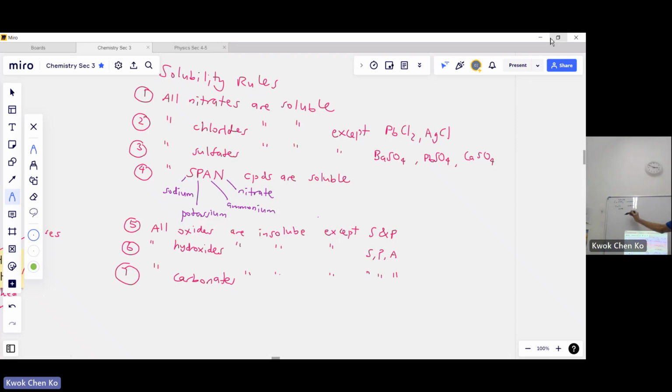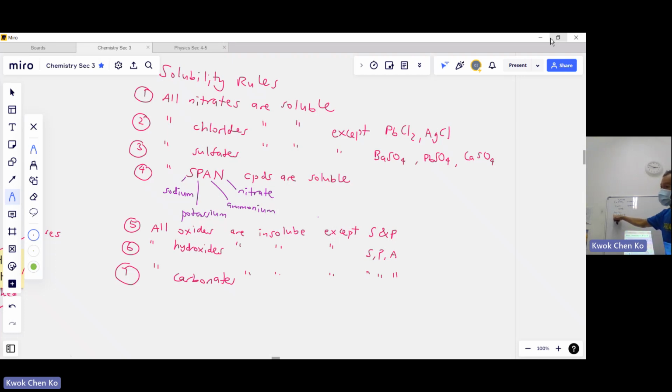Charlotte, how about that one? It's a carbonate. Is it sodium, potassium, or ammonium?